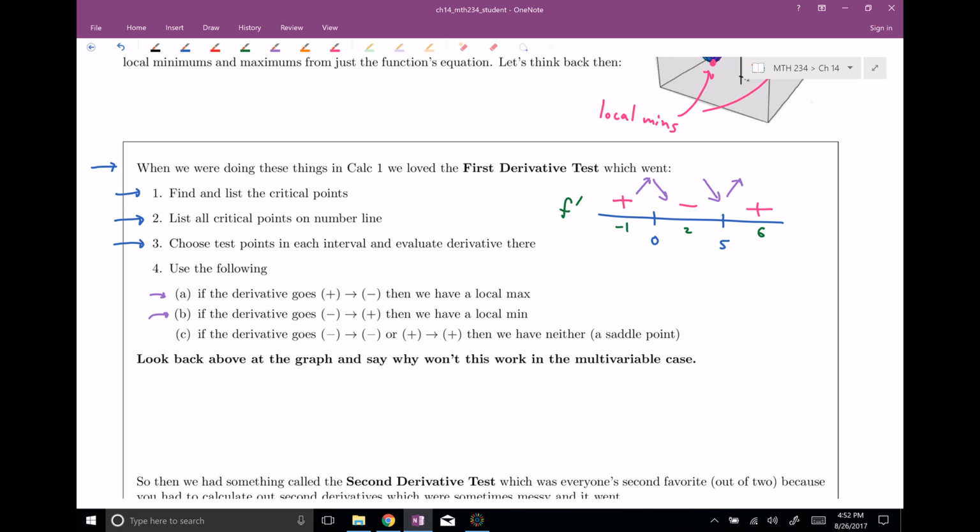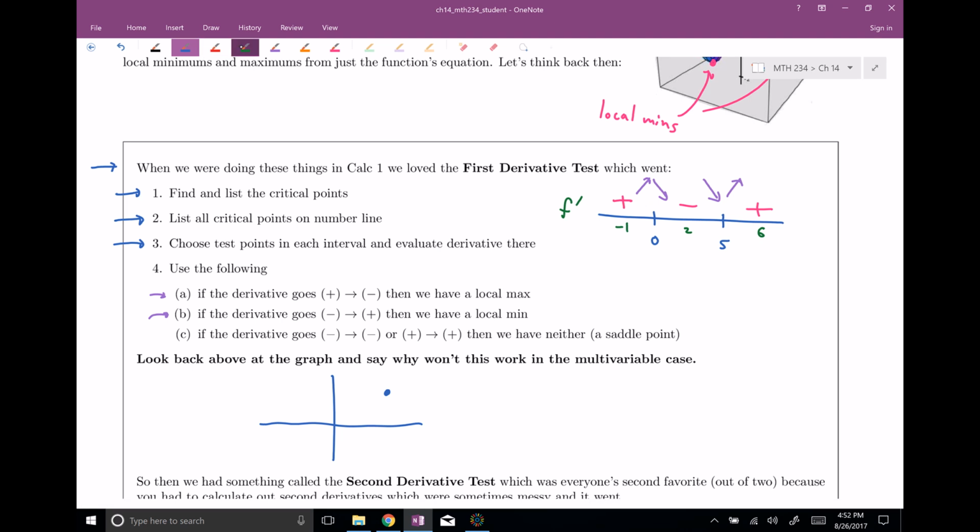And the claim is, if I have a critical point, before I took all my critical points and broke up the number line. But if I have a critical point now for a multivariable function, let's say this is a critical point right here. Notice it doesn't break up the plane at all, so there's no natural places to choose these test values.